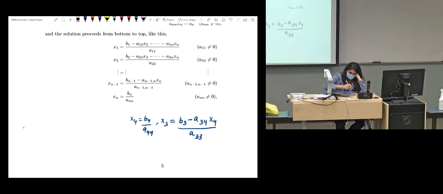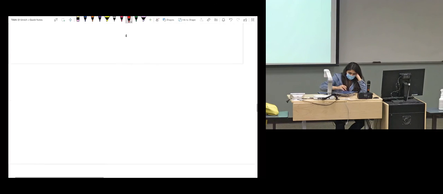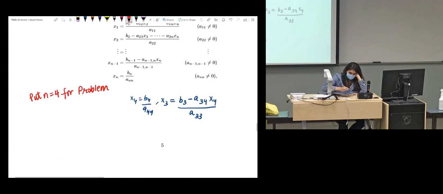Let me put that as a note. So put n is equal to 4 for the problem, what we called the forward substitution problem, I call it. Backwards, sorry. And this should be used as a hint, for people that are just looking at the solutions.